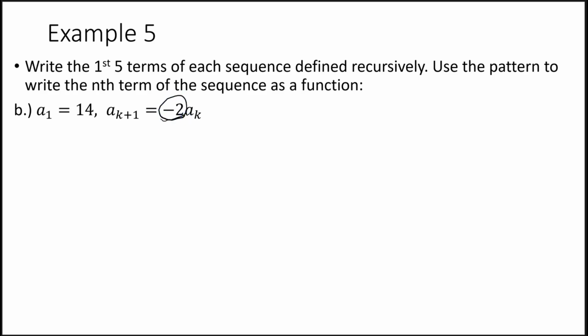So if you're repeatedly multiplying by negative 2, repeated multiplication results in exponents. Like maybe negative 2 to the power of n. You might want to see if you can apply that here.